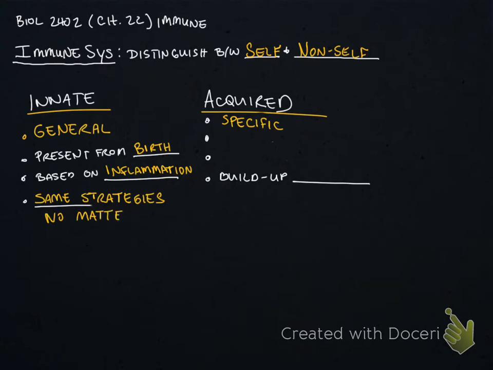And what I mean by that, based on inflammation, is that it uses the process of inflammation to fight the pathogen. Whereas the acquired immune system is slower in nature because it is more specific, but therefore is more powerful.